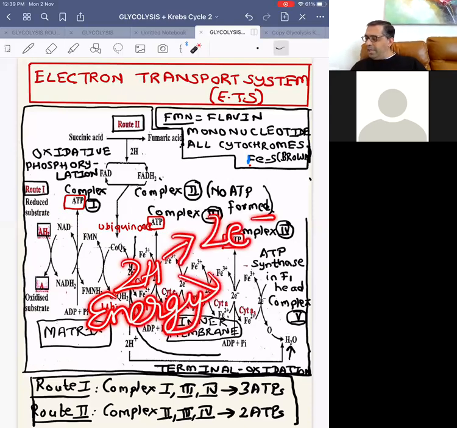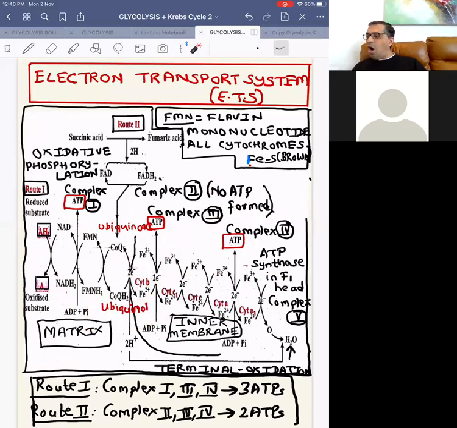And who is rich in energy? The energy is there in the electron. So the proton is not with energy.